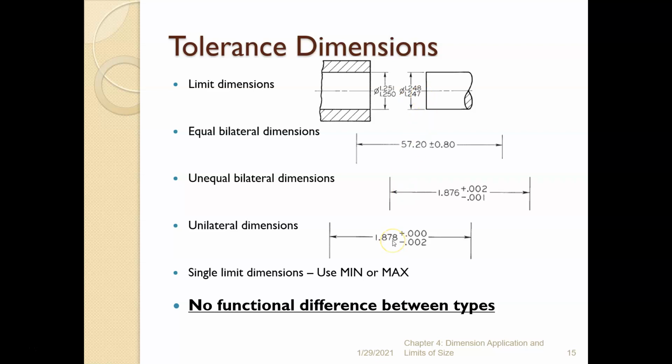Well, there are some ways that we can help the manufacturing process by using maybe a unilateral dimension where the basic size 1.878 is equal to the nominal size for the hole or the drill bit, and then the one-sided dimension here, the minus 0.002, indicates how much tool wear we'll accept on the drilling operation. So there's some little things like that where you can kind of help out in the manufacturing process, but functionally speaking, these are all equivalent in terms of conveying information.